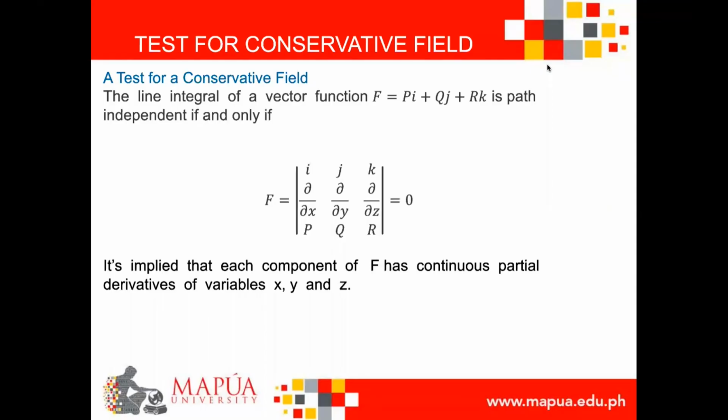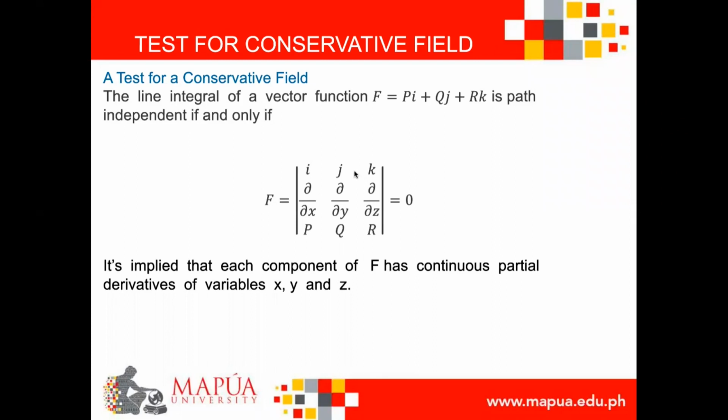This slide shows the test for conservative field of function in three space. It says here, the line integral of a vector function F equals P i plus Q j plus R k is path independent if and only if curl of F is equal to, we have the determinant, which is a 3 by 3 matrix, is equal to 0.